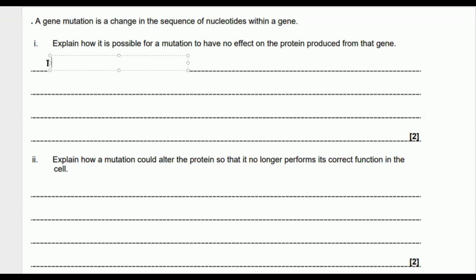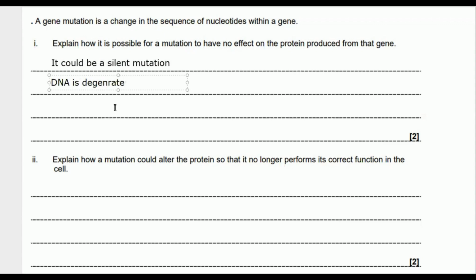It doesn't. Why is that? It could be a silent mutation. You're going to get 1 mark for saying silent mutation. DNA is degenerate. If you can remember that, you're going to get the second mark. Because DNA is degenerate, we can get a silent mutation.